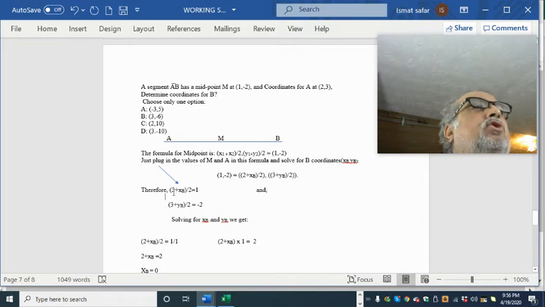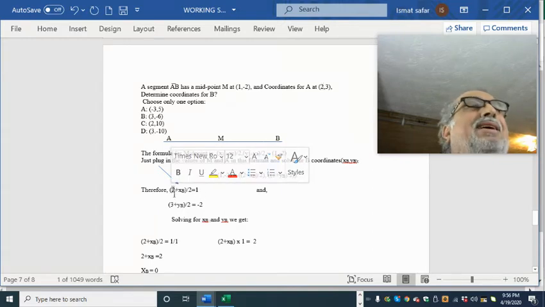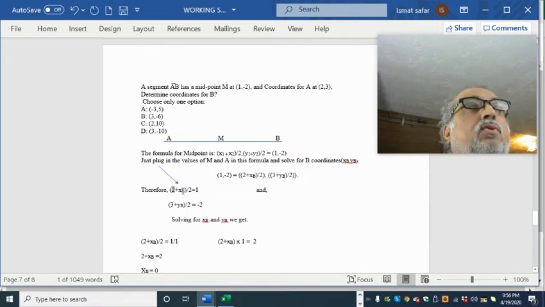So 2 plus x of B over 2 equals 1. Why 2? Because the x coordinate of A is 2, plus the x coordinate of B, which we don't know yet. We're going to solve it in a minute.